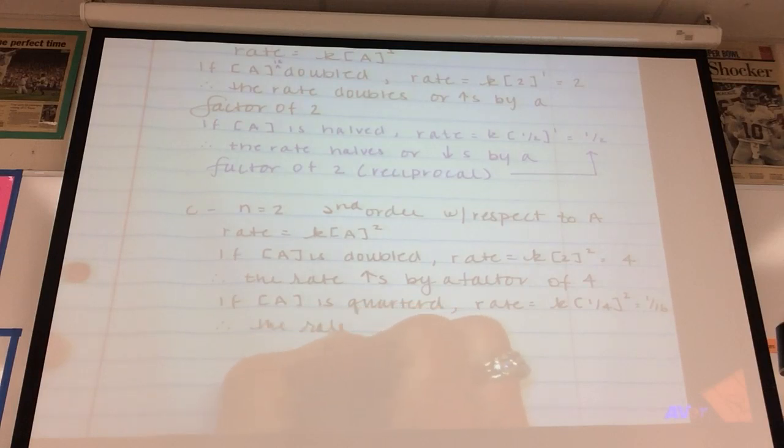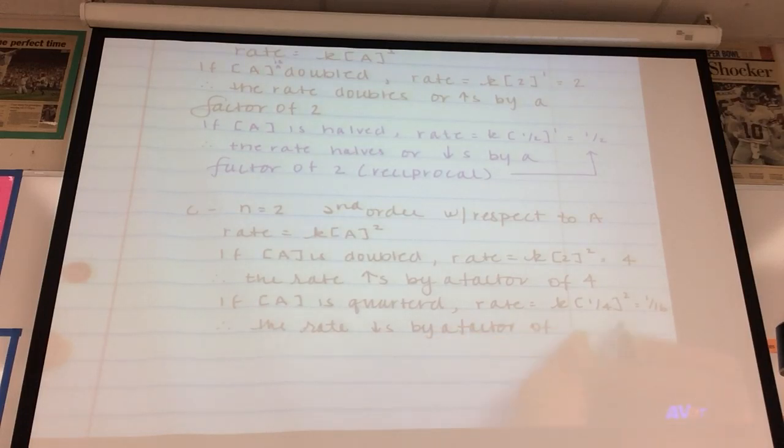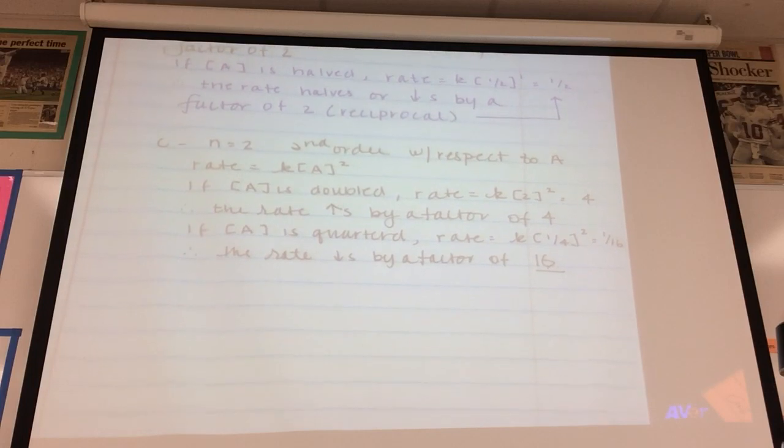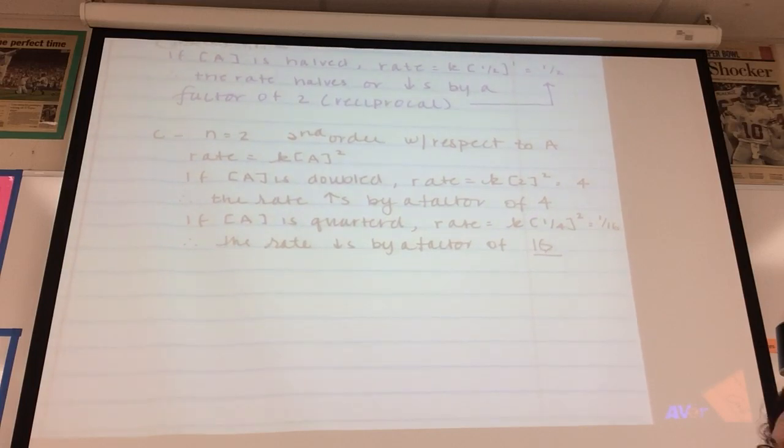The rate decreases by a factor of 16, the reciprocal of what you calculated. And that's how you interpret your rate laws. The order lets you know how altering the concentration affects reaction rate.